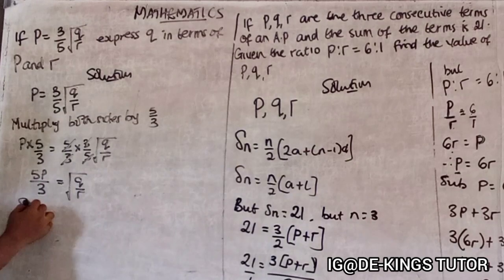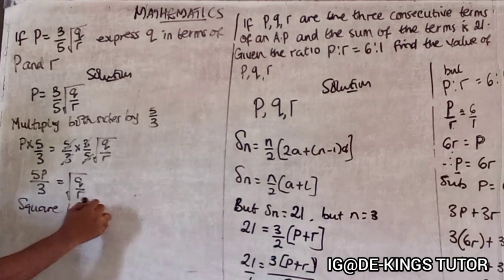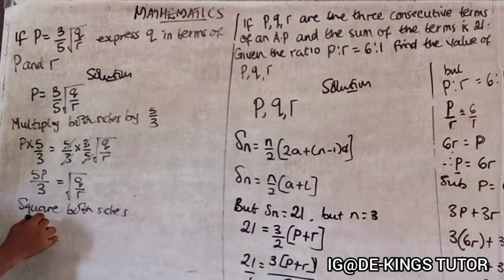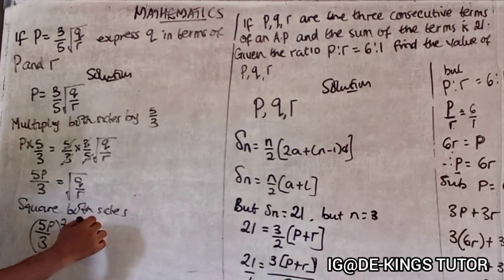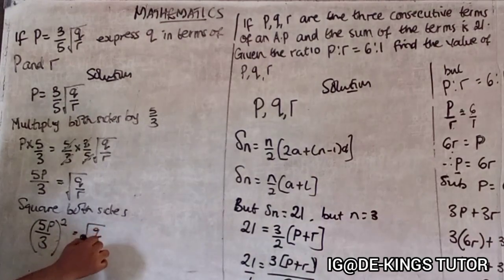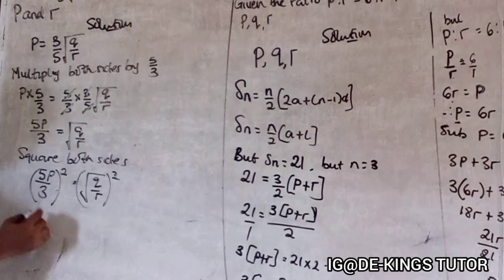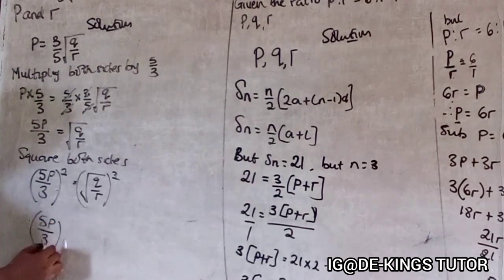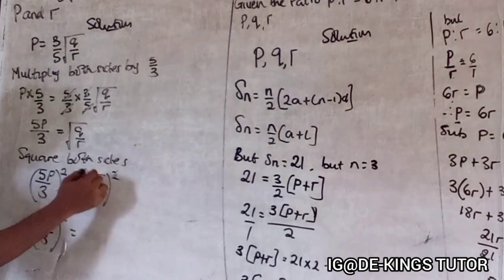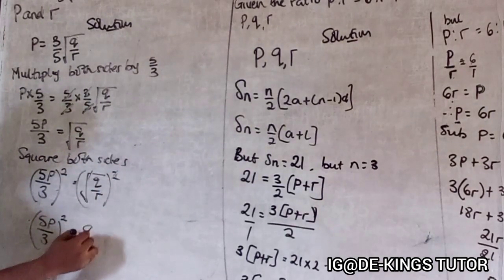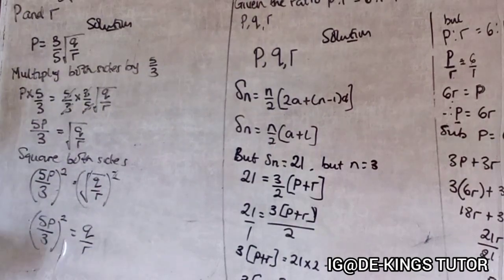So if we square both sides, we have 5P over 3, all squared, equals the square root of Q over R squared. So this cancels the root, and we have Q over R.